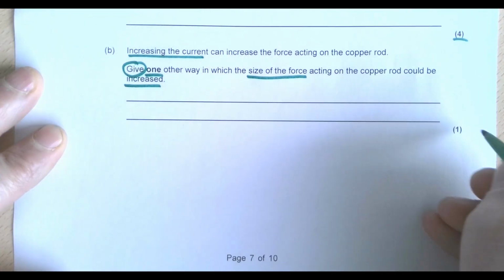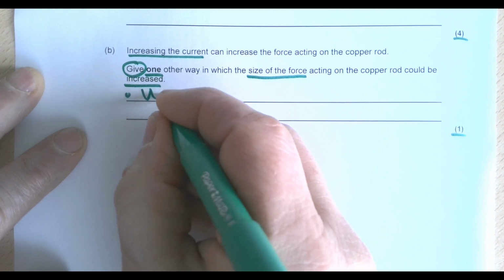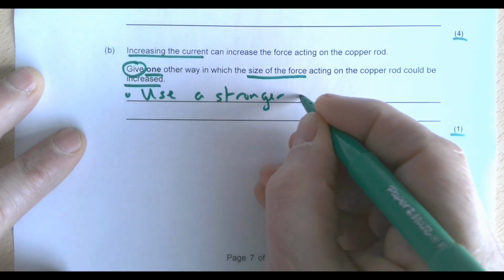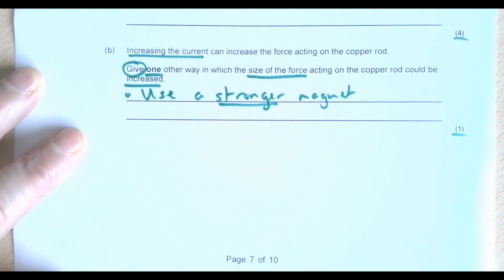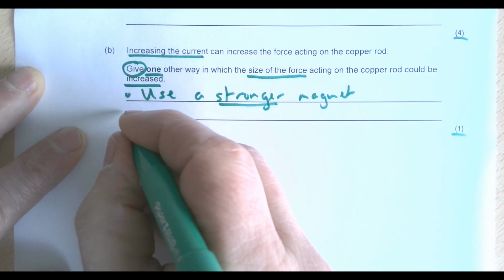It's only worth 1 mark. So what else could I do? Well, I could use a stronger magnetic field, a stronger magnet. Careful here not to say bigger. Bigger magnets aren't necessarily stronger.